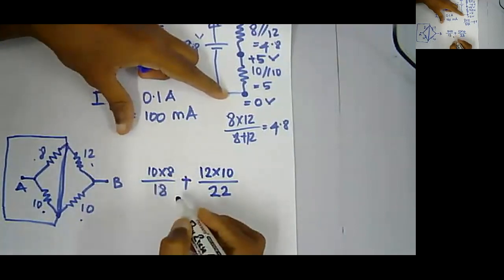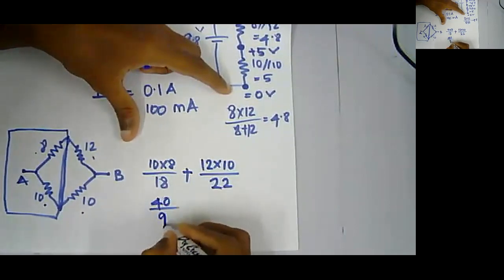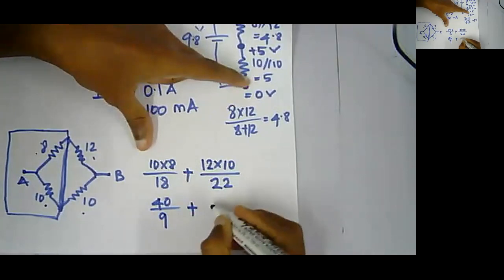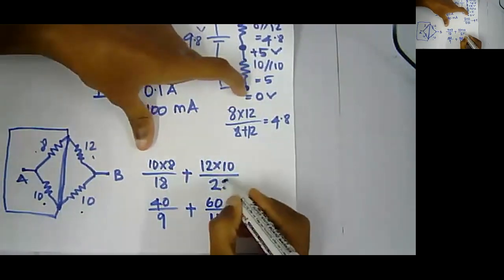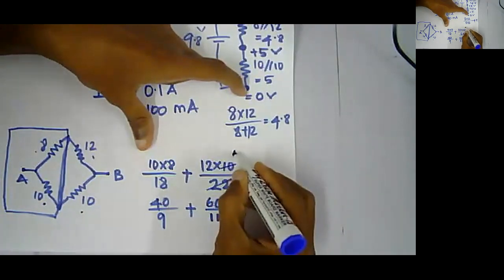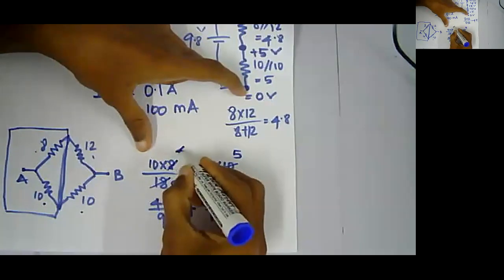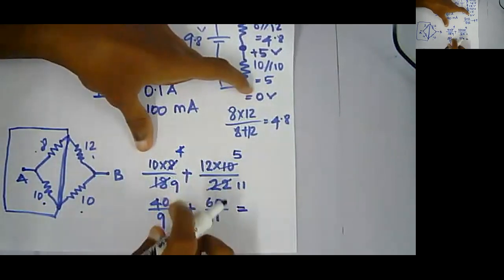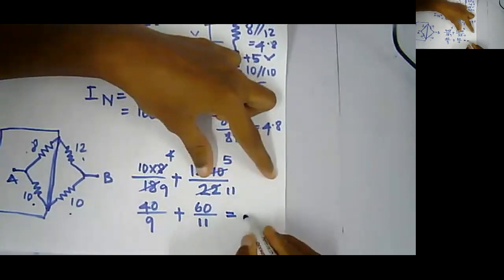So 80 over 18, which will be 40 over 9, plus 120 over 22, which will be 60 over 11. So you have 40 over 9 plus 60 over 11.